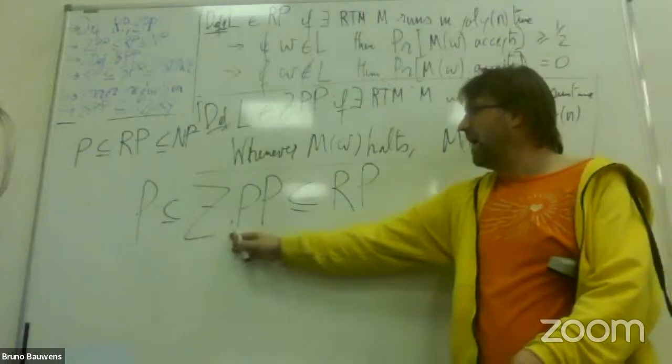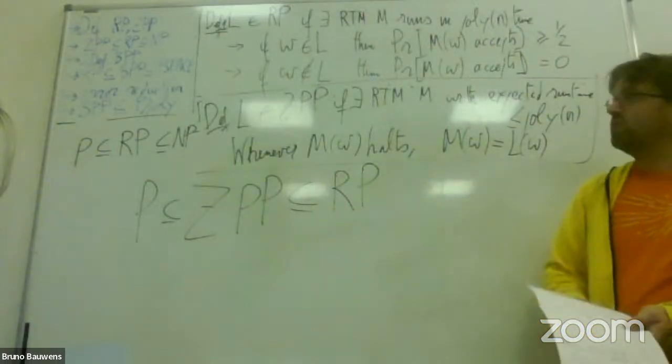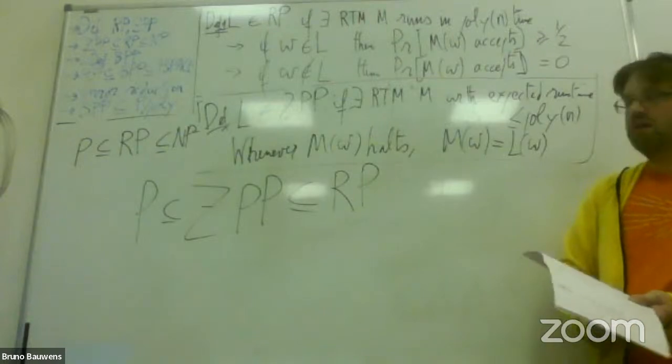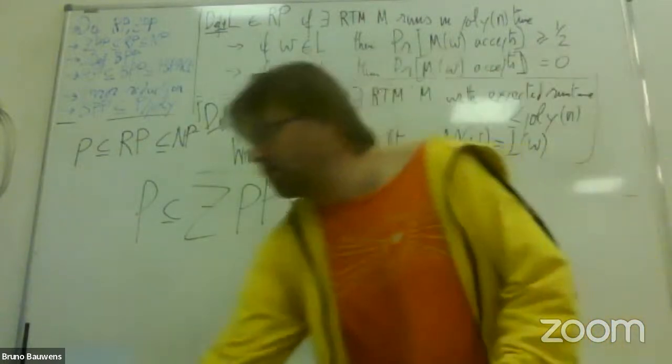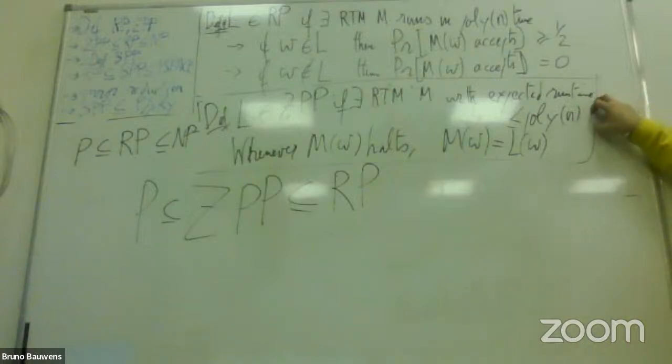So the question is, why is ZPP in RP? Let's check what the obstacle is. Why can we not use the same machine here? Because it can run longer than the polynomial bound.